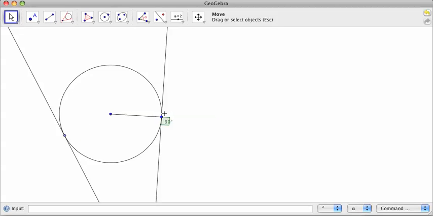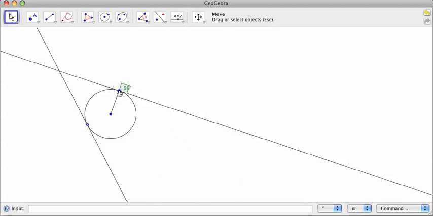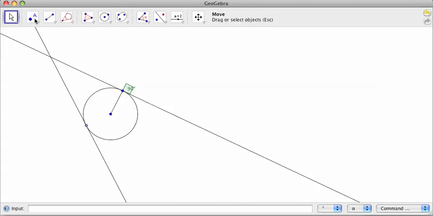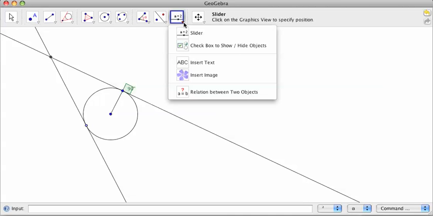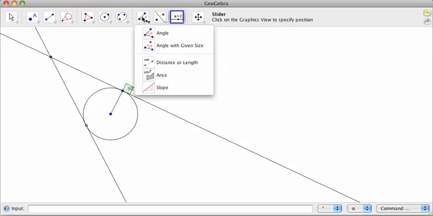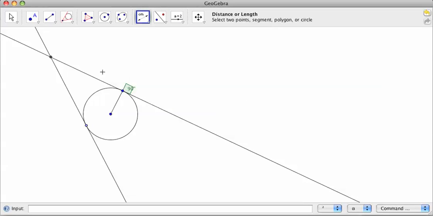Kind of move some things around. And I'm going to put a point where these two lines cross. And I'm going to measure the distance between the tangent point and that point I just created where they intersect in both cases.